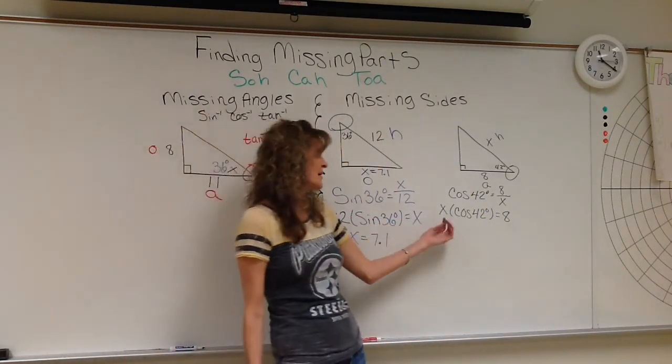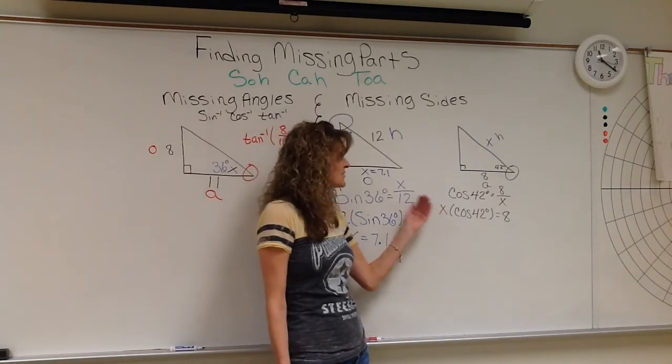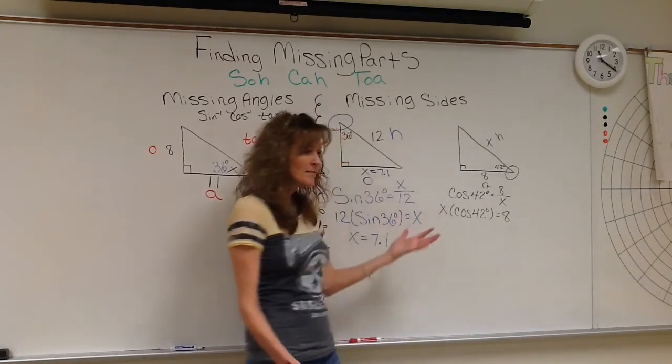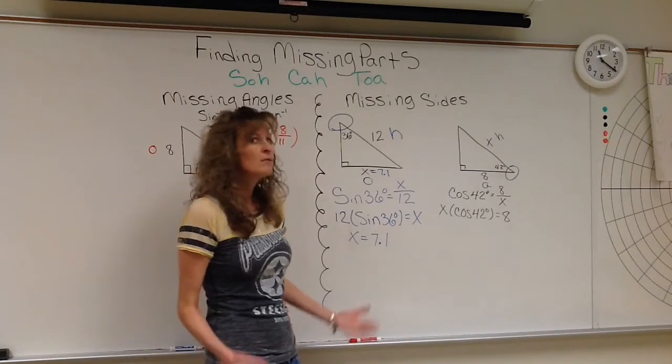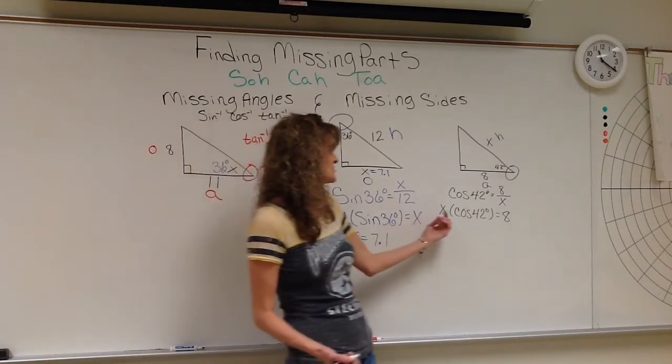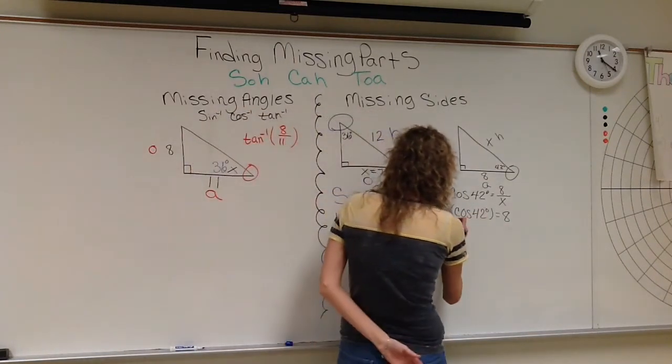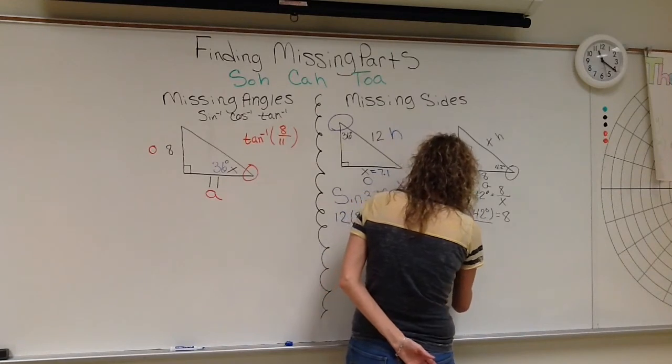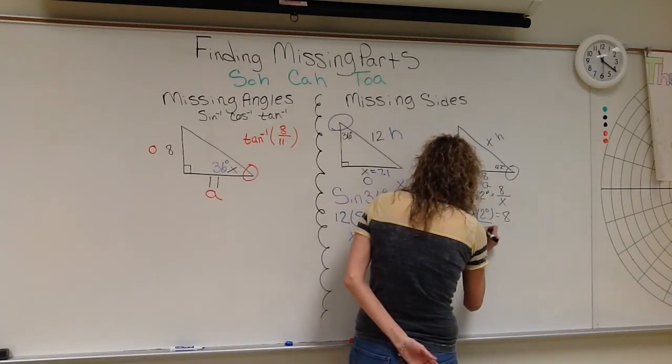Now, clearly my x is not alone. If this said 3x equals 8, y'all would tell me, divide both sides by 3. Well, I'm gonna do the same thing. I'm gonna divide both sides by the cosine of 42, just like I would with any other multiplication.